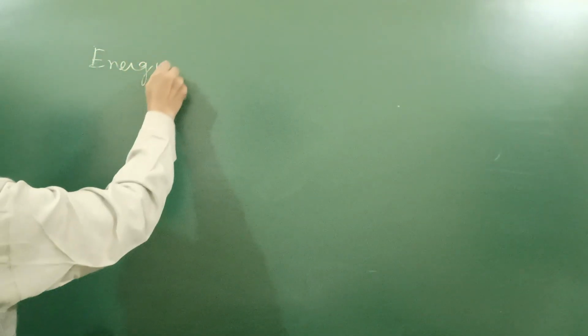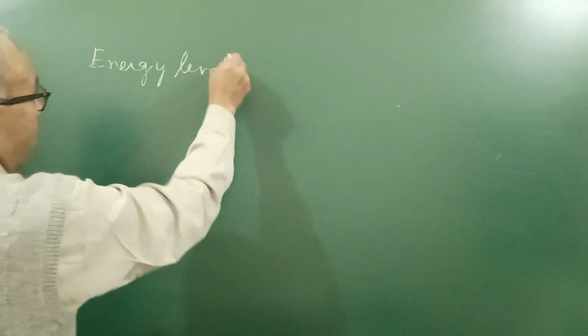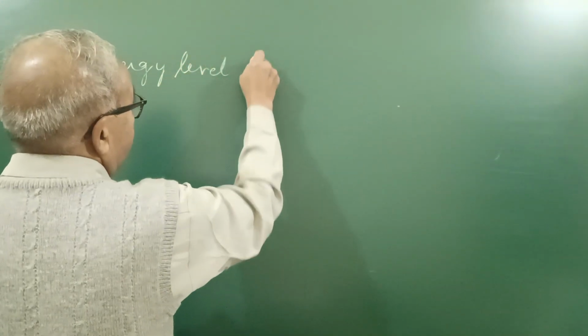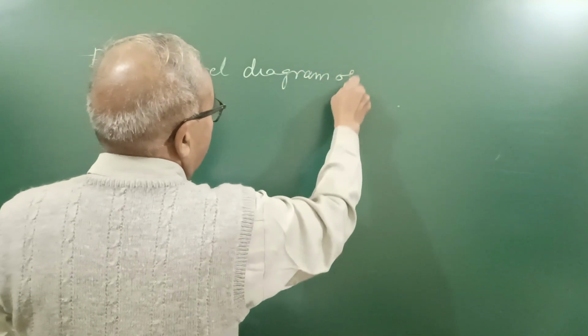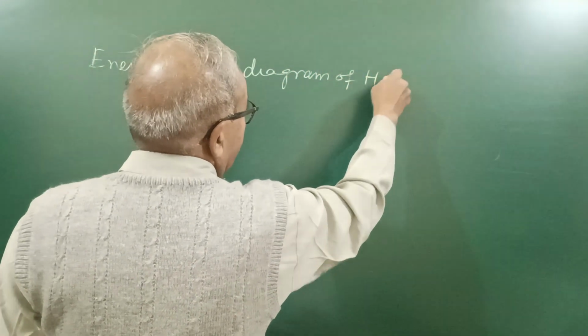Now here there is one thing which is called the energy level diagram of the H atom.